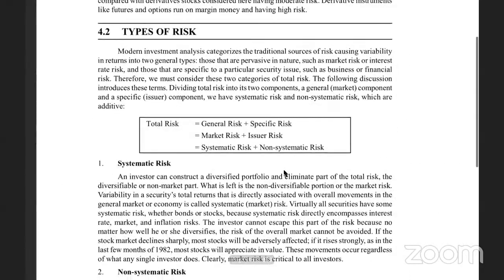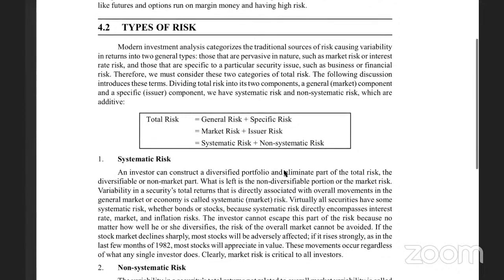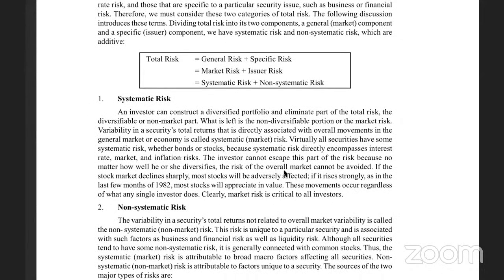Look at this. Modern investment analysis categorizes the traditional sources of risk into two: general risk and specific risk. Market risk, issuer risk, systematic risk, non-systematic risk. You may have a short question on systematic risk.